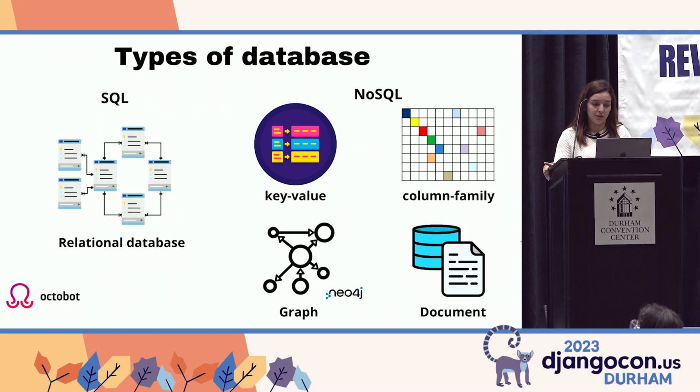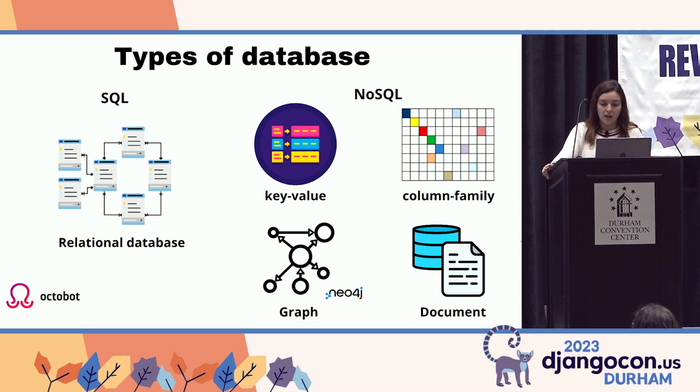We have SQL databases and NoSQL databases listed here. When you have a problem, your mind just tries to go to a relational database. Even though they are called relational, they don't handle relationships very well. For NoSQL, we have four NoSQL databases listed here.